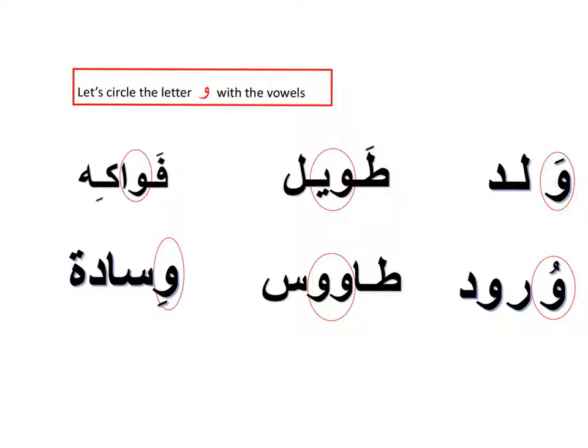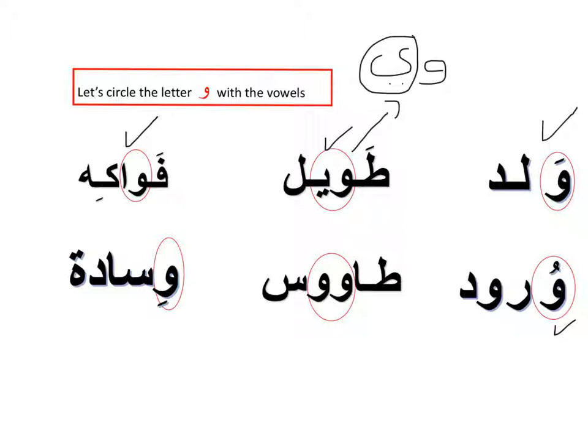Now look here at these words. We've got here the letter wa with the vowel a, the short vowel a, fatha. We've got here we with the vowel e, so this one is basically we, and e has this shape because it's a friendly vowel, so it changed the shape when it joins. We have here wa, we have here the word wu, and definitely this one is the vowel u for the letter ra.